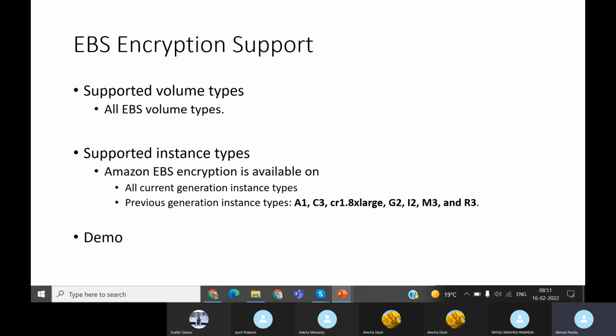Also some previous generation instance types like A1, C1, CR1, 8X large, G2, I2, M2, R3 are also supported for encryption. You can see the documentation if you want, because while writing, I had this information, and every day AWS may change their documentation. One day you may say, you told me this type is not supported, but it is supporting now.